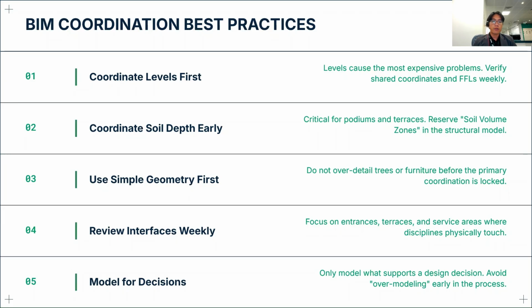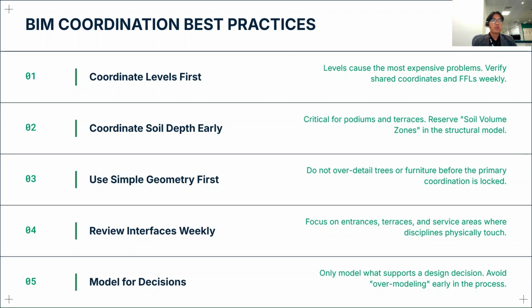We can use very simple symbols, even 3D models with very basic geometry. The model should be optimized for coordination purposes, not for graphics. After we have done the coordination well, we can move forward to the graphics and presentation.